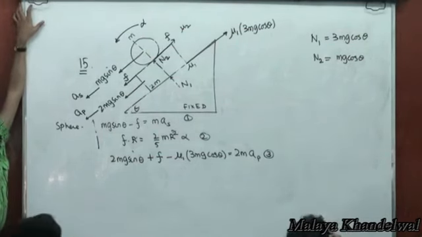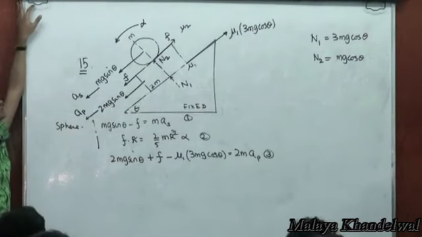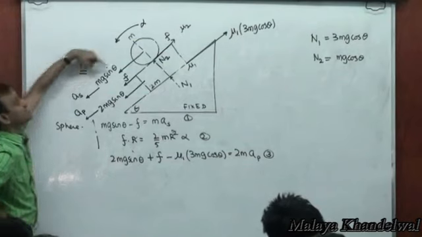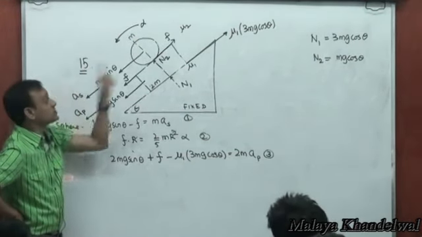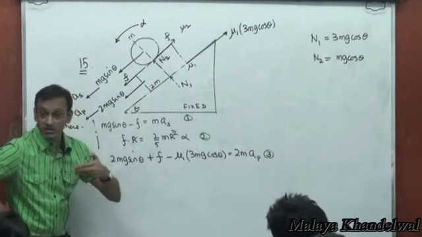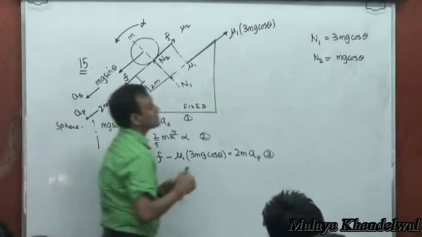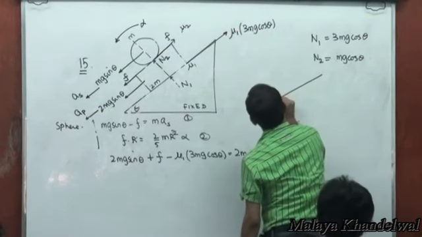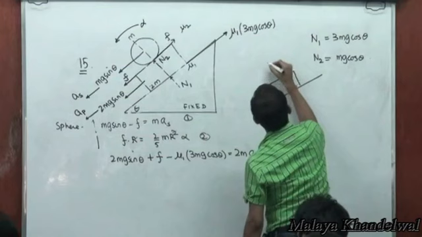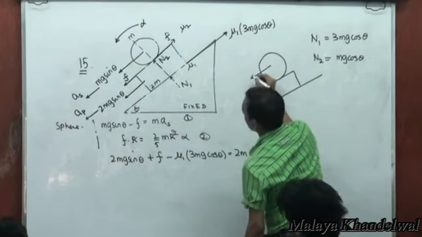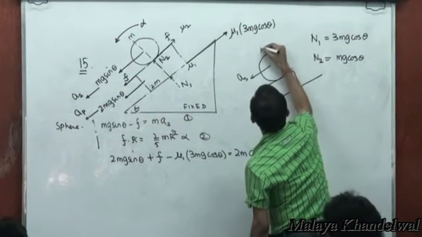Now, the closing condition would be the rolling condition for the sphere on the plank. In this case, I can't say ACM is R alpha because the surface on which the sphere is rolling itself has an acceleration. So there is a revised condition for rolling without slipping. Look, AS, alpha.